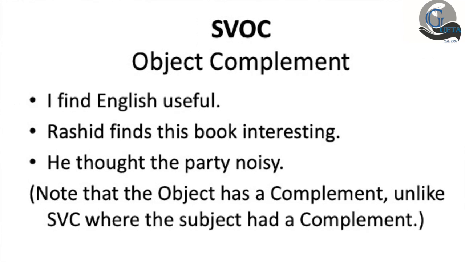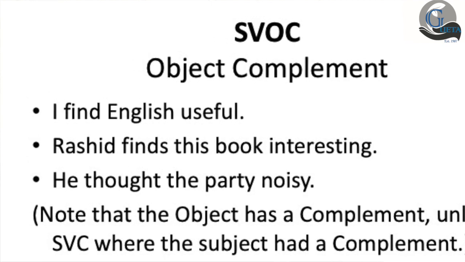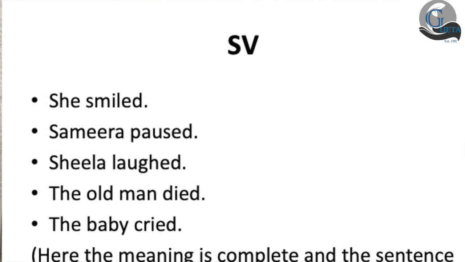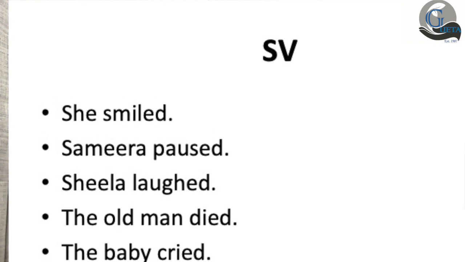SVOC, I think exercise useful. And SV, Shehnaz laughed. Is that clear, my dear students? Go back, look at the prescribed book, look at more examples, and I'm sure you'll be able to use all the 6 verb patterns very well.